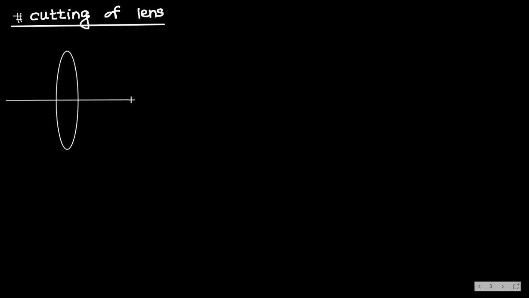Cutting of lens. First one, see here, concentrate. This is the lens. And now I'm going to cut it along the principal axis. This is what we can say the cut line. You are very familiar with this cut line.